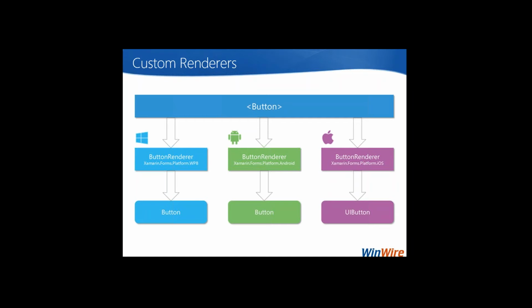You can apply all of those to the button on that platform, and then it is finally rendered on the screen. This way, you can customize any control that Forms provides by writing your own renderers for it. So if there is any control that is not supported, or any control whose properties are not supported, the answer is to create a custom renderer.